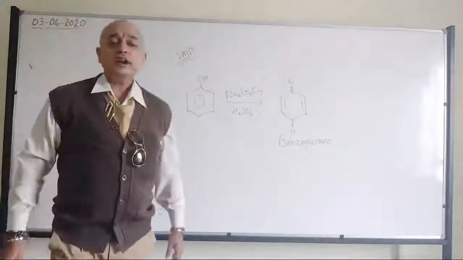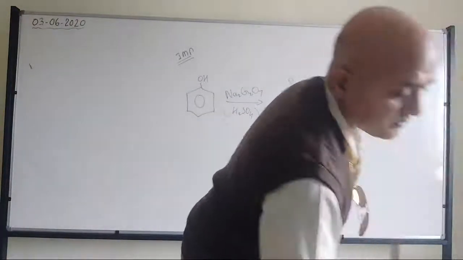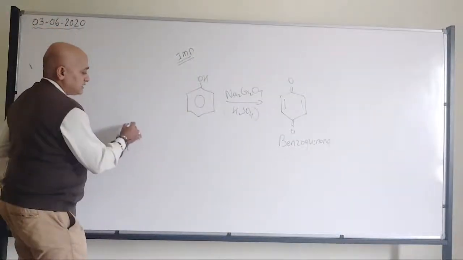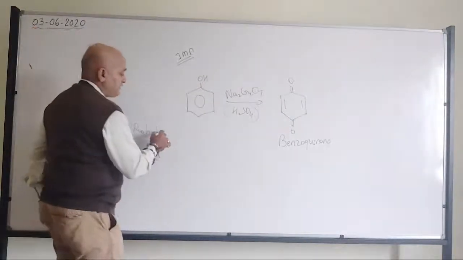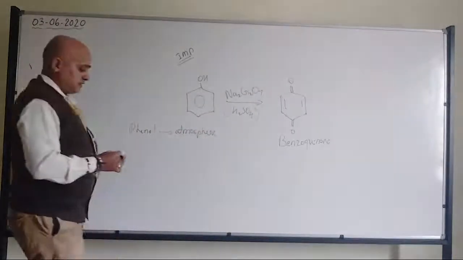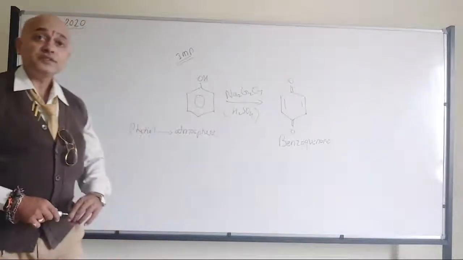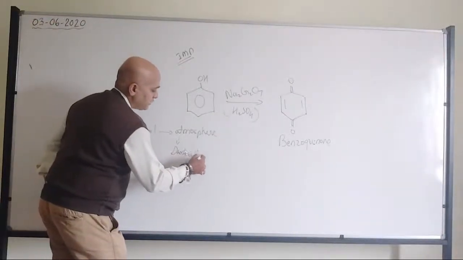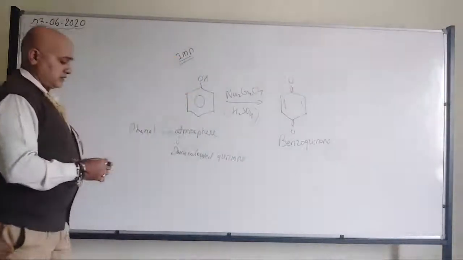O stands for the carbonyl group, ketone group, right? So that's the benzoquinone. Therefore, I will make a point here. When phenols are exposed to the atmosphere for a long time, many days, there is a chance that some of the phenol will be converted into dark colored quinone derivatives. Why?